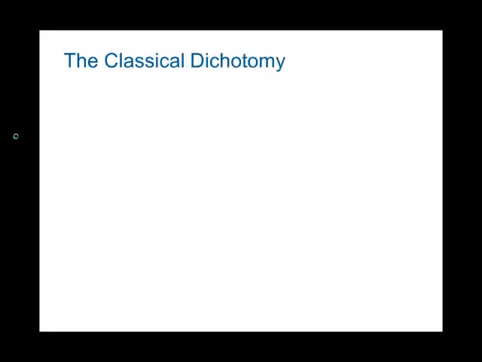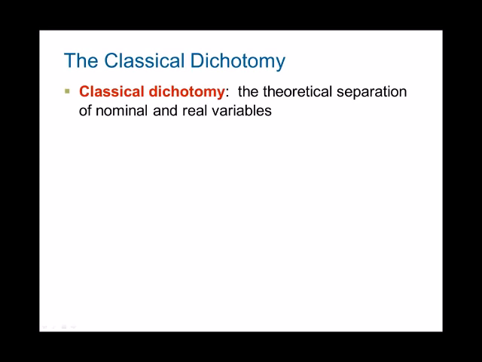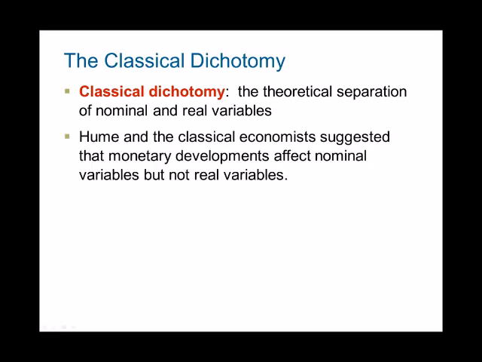Now, here's the classical dichotomy, which tells us the difference between real and nominal variables. It says that Hume and other classical economists believed that when you increase the supply of money, it affects nominal variables, but it doesn't affect real variables. What do they mean by that? If you increase money supply, nominal GDP will go up, but real GDP won't. If you increase money supply, nominal wages will go up, but real wages won't.